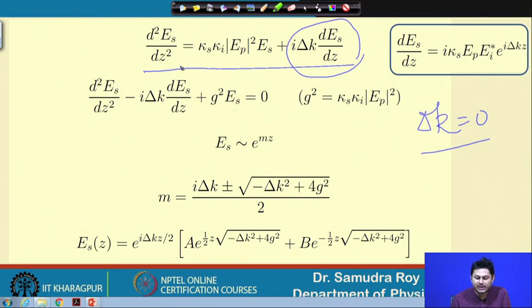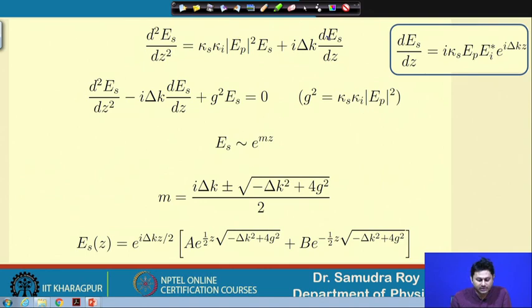But here we will have an extra first order derivative term, but even with the first derivative term, there is no problem, we can solve this. So, this is the expression that we have right now. This term is replaced by g square. So, this is the differential equation we have, a standard second order differential equation having a first order differential term.